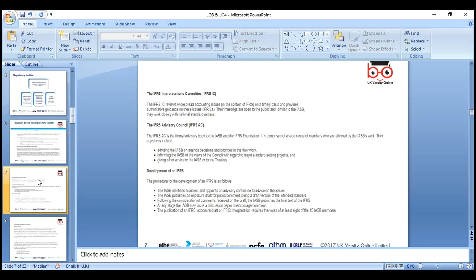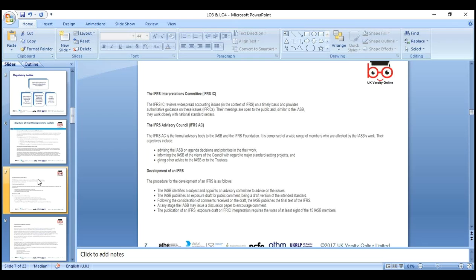Similarly, the International Accounting Standards Board works closely with national standard setters, like the UK national standard setter, and international standards. The Advisory Committee, AC, is a formal body of the IASB and IFRS Foundation. Basically, if they have any issues, they resolve them and set a new standard if we need to.